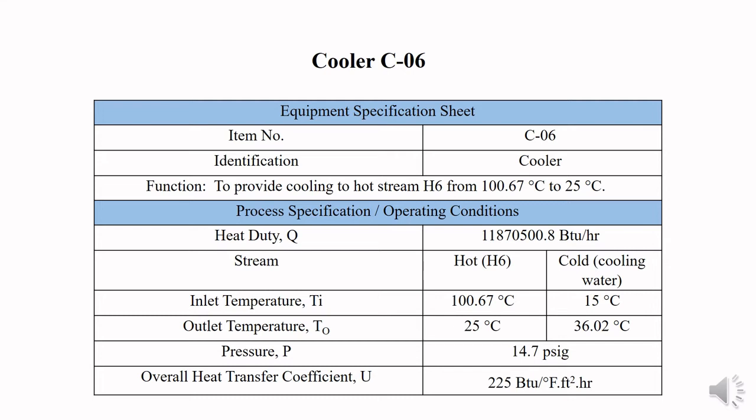And the last is cooler C06. The function is to provide cooling to hot stream H6 from 100.67 degrees C to 25 degrees C, and the process specification can also be seen here.